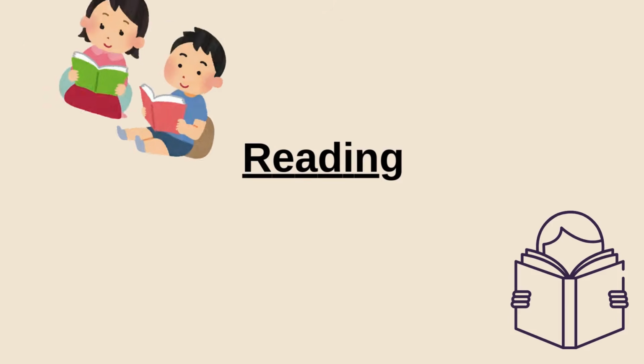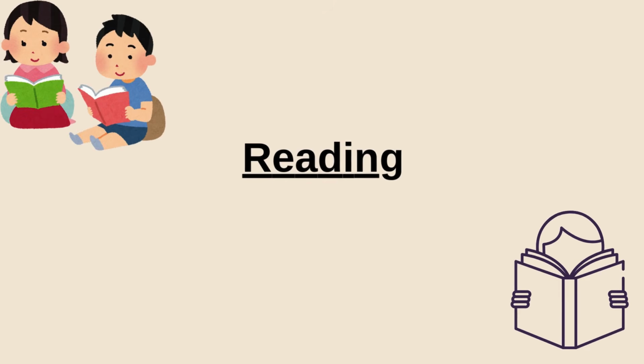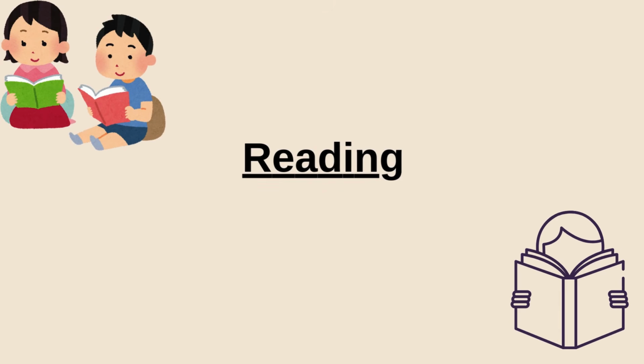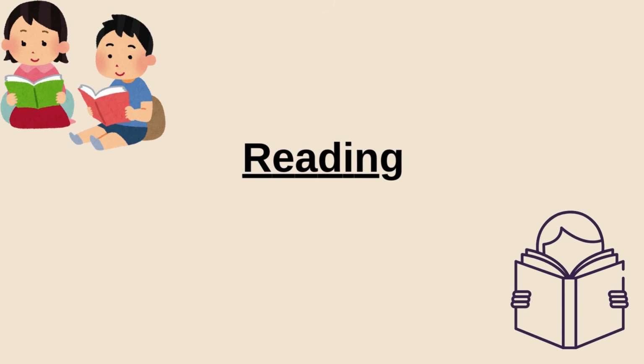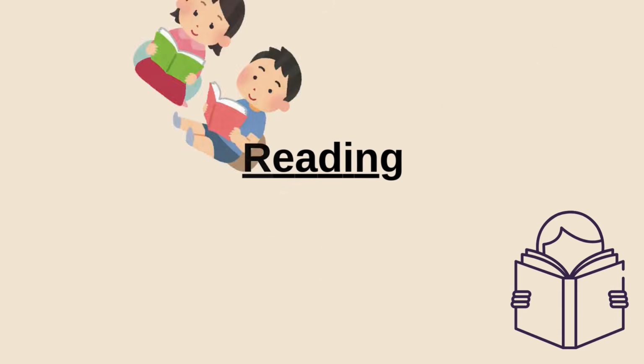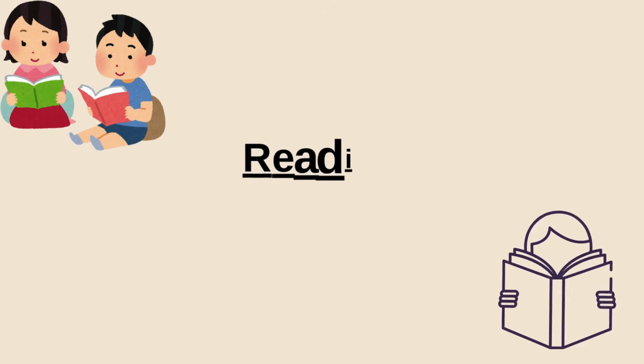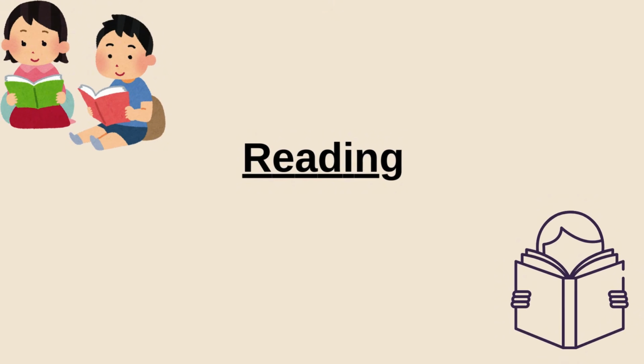I want to explain the reading parts and the listening parts here. For the reading parts, we need to read the text at first and then take notes. If we don't know the words, we can write down the verbs and the translations, and then try to translate by yourself.